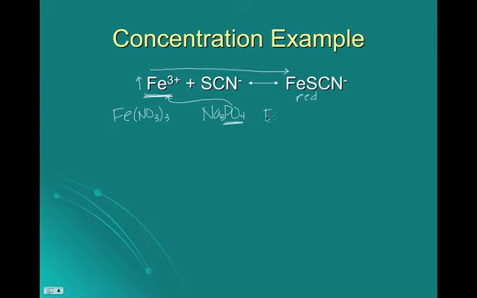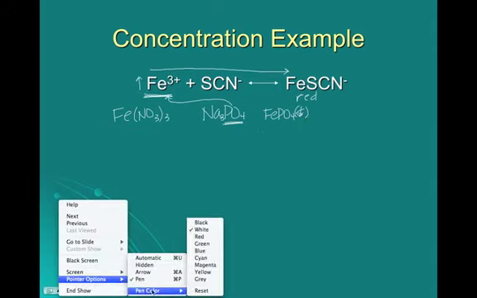It's going to form the insoluble compound FePO4, which is going to precipitate out of our reaction. Remember, that's the symbol for precipitate, which in essence removes iron ions from solution.